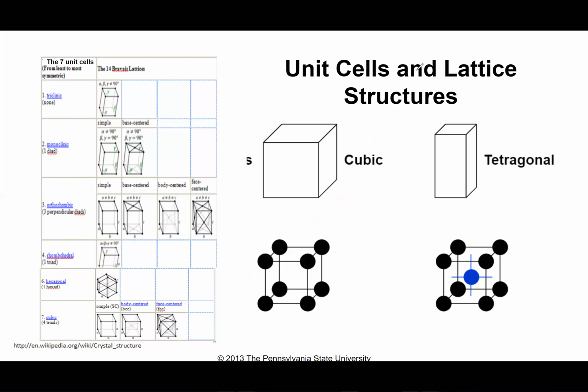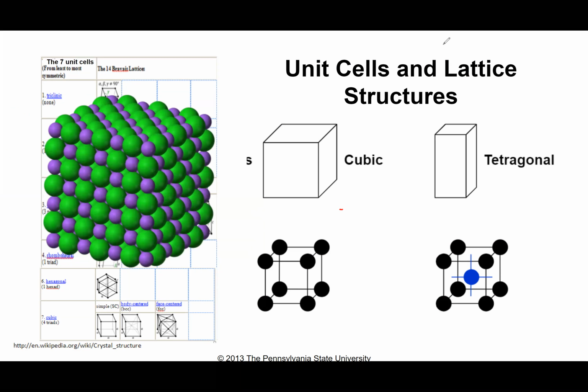Okay, so I have this as an example. This is an example that you've seen before, and it's a good example for, say, sodium chloride. Let's say the green ones are sodium and the purple ones are chlorine.